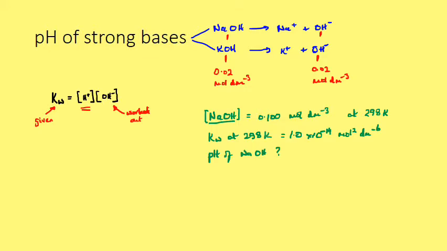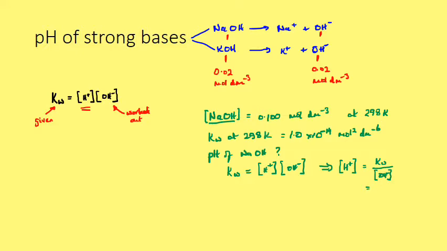So first of all, we want to find out the hydrogen ion concentration. So we're going to take the ionic product and rearrange it, and that's going to be hydrogen ion concentration equals the ionic product value divided by the OH minus concentration.